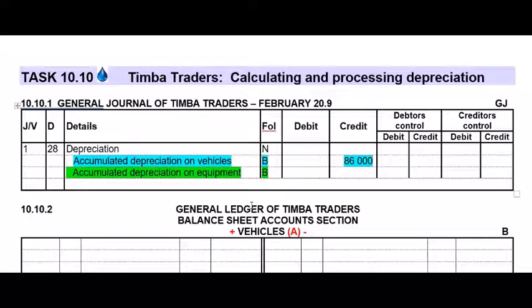Okay, so then that value goes to the credit side of accumulated depreciation on vehicles. And then when we go and calculate the accumulated depreciation on equipment, there's no extra explanation necessary. Just remember it's on the diminishing balance method. So now we calculate depreciation on the carrying value using the given cost price and the given accumulated depreciation from that trial balance. And we don't use the cost price.